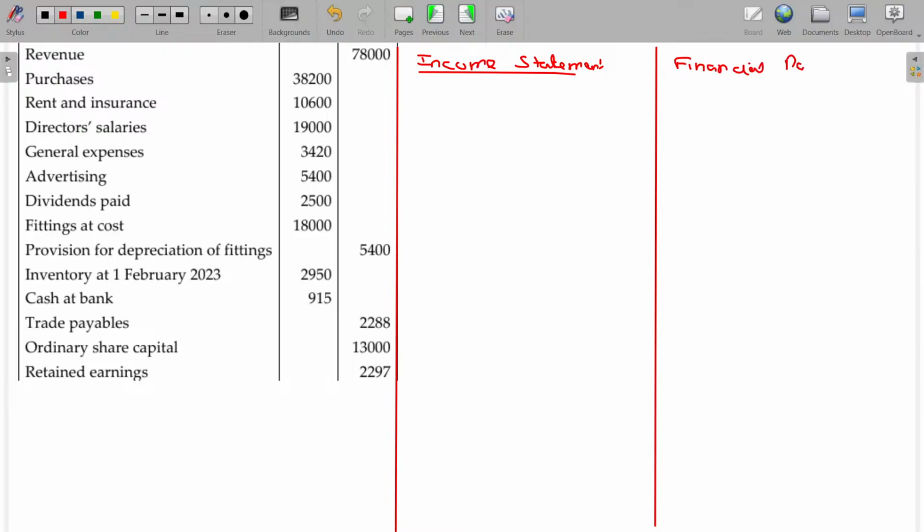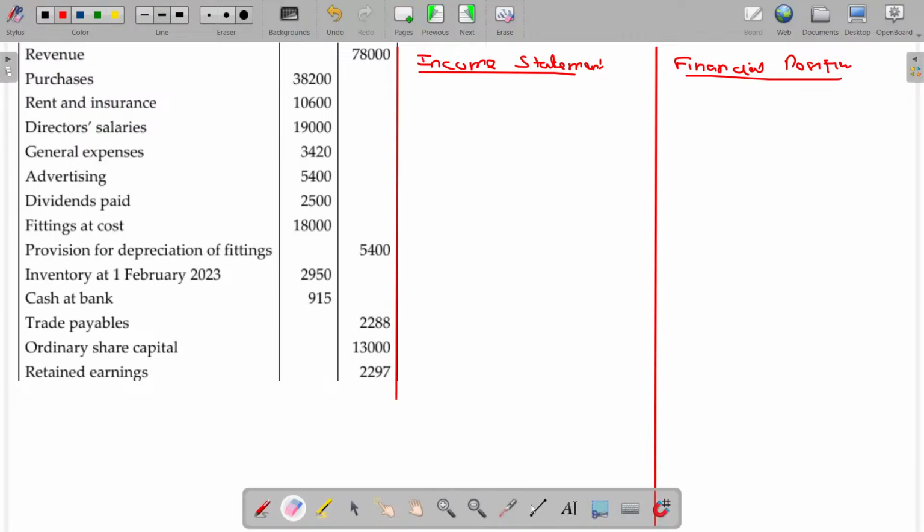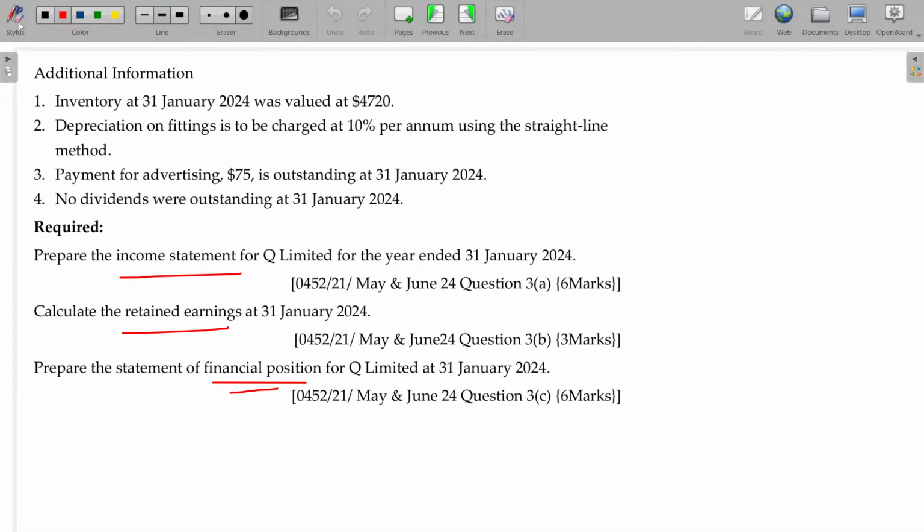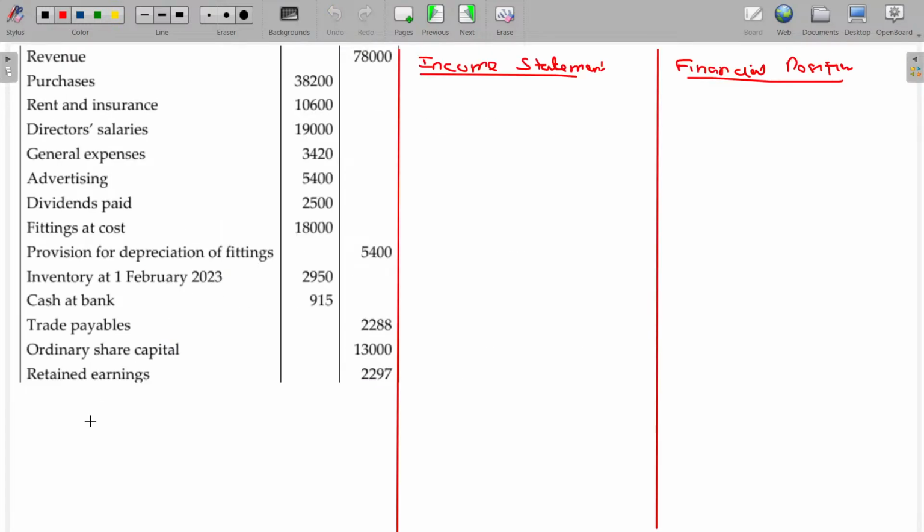Financial position. Okay. Of course, we can prepare changes in equity also, but they have asked only the retained earnings changes. Very simple. Retained earnings changes. I'll post that here.